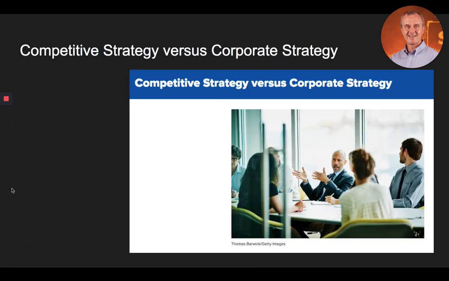The final subject we'll address from this chapter on strategic management is the subject of competitive strategy versus corporate strategy. In emerging markets, business groups and family firms sometimes follow a strategy of unrelated diversification, where they operate businesses with little or no links in products or knowledge among them.